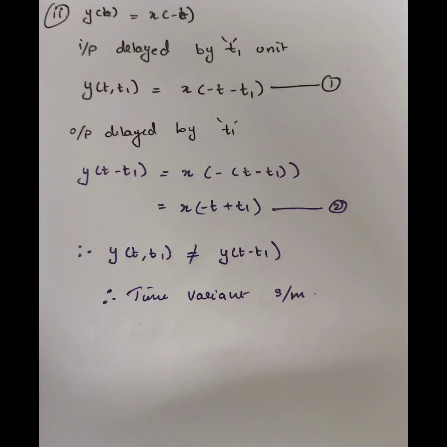For that, we'll substitute every t with t minus t1. Y of t minus t1 is equal to x of, so instead of t, we are substituting minus of t minus t1, which makes the expression x of minus t plus t1. So as you can see, both the expressions are not the same. So the system is time variant.